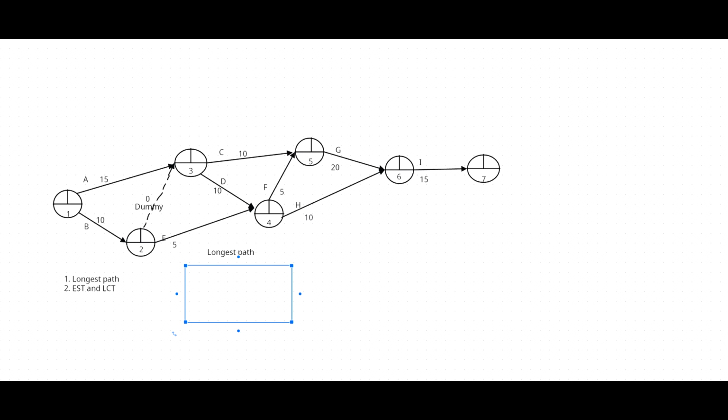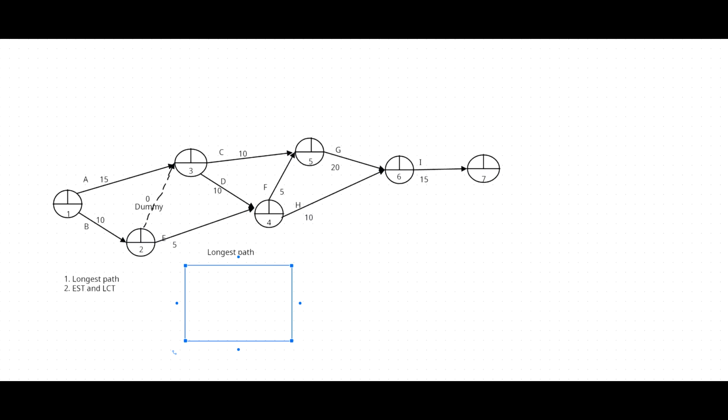Another alternative path: B, E, F, G, I. Total duration B10, E5, 15, F5, 20, G20, 40, I15, 55. Another alternative path: B, E, H, I. Total duration 10, 15, 25, 40.